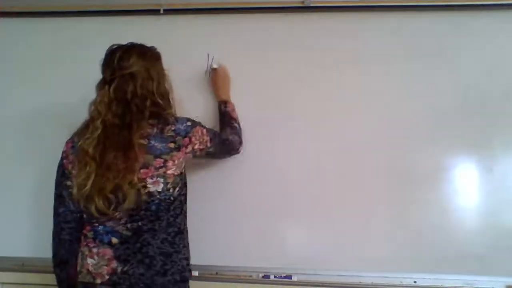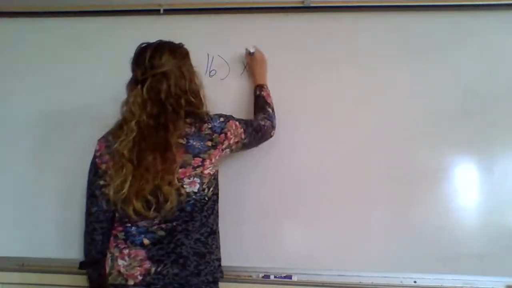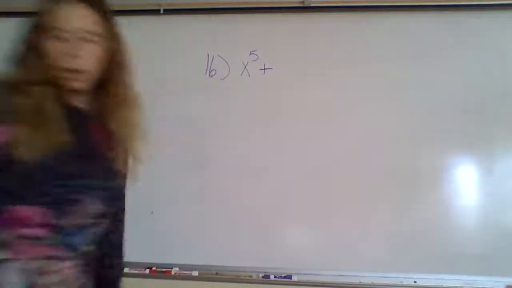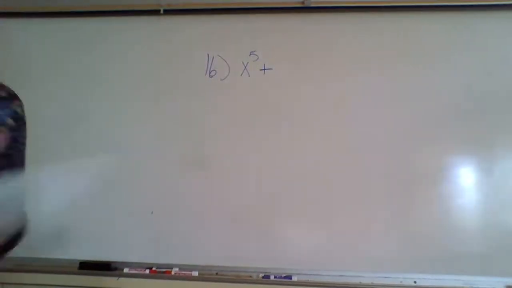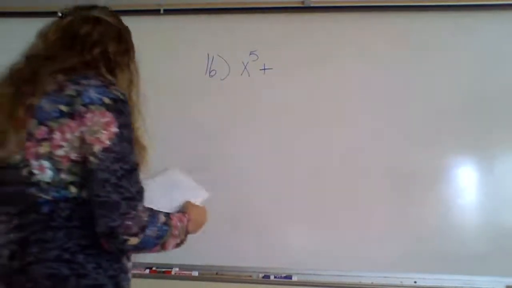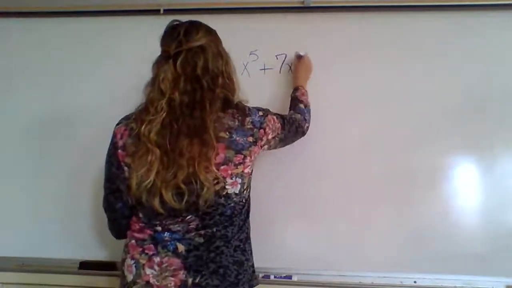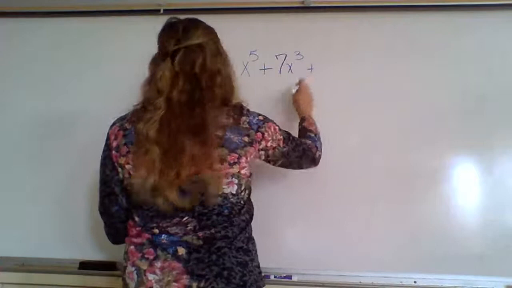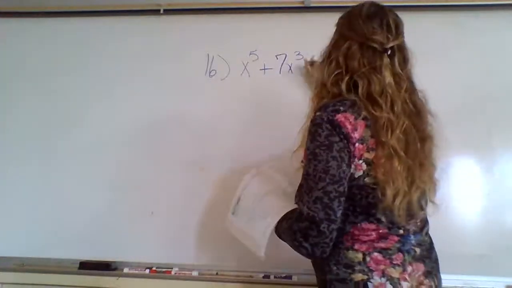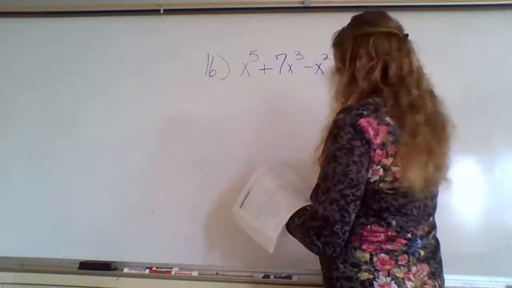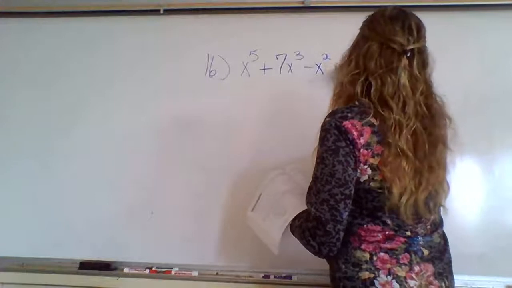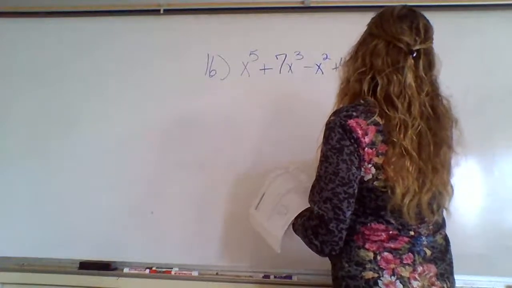Do 16 real quick: x to the 5th plus 7x cubed minus x squared plus 4x minus 21.